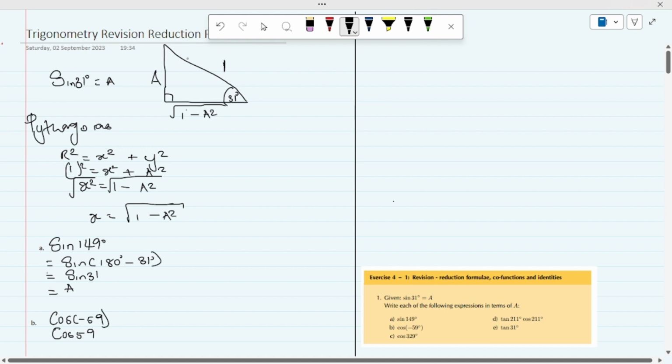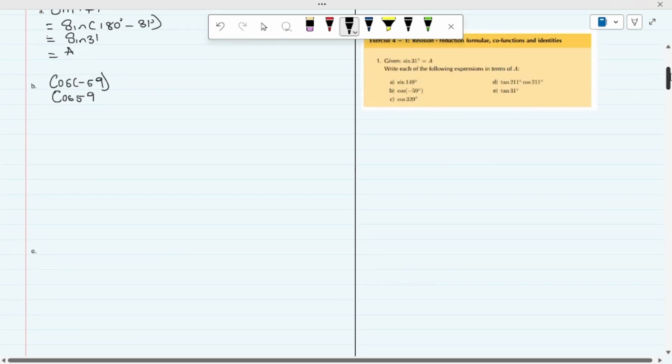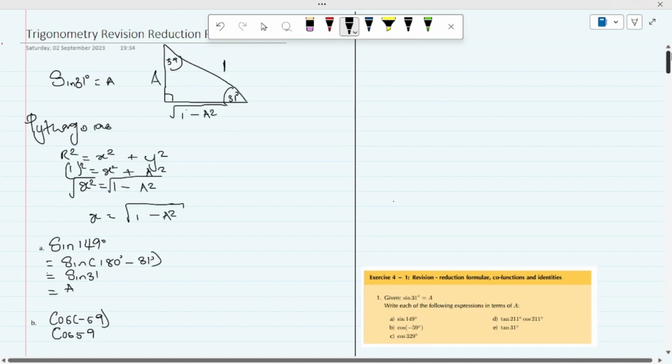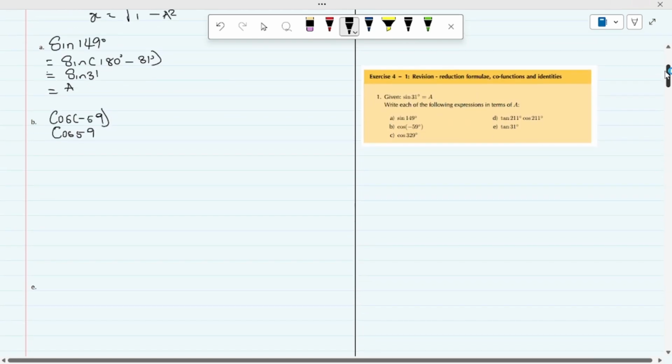Then 180 minus 121 gives the upper angle as 59 degrees. Now we are asked to find the cos of 59 degrees, and cos of 59 degrees is going to be a.